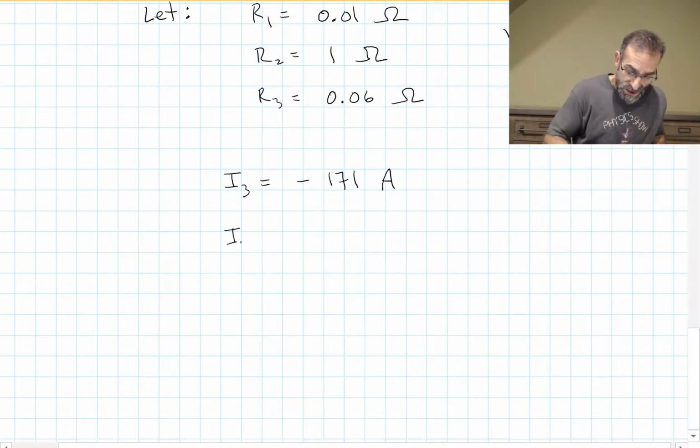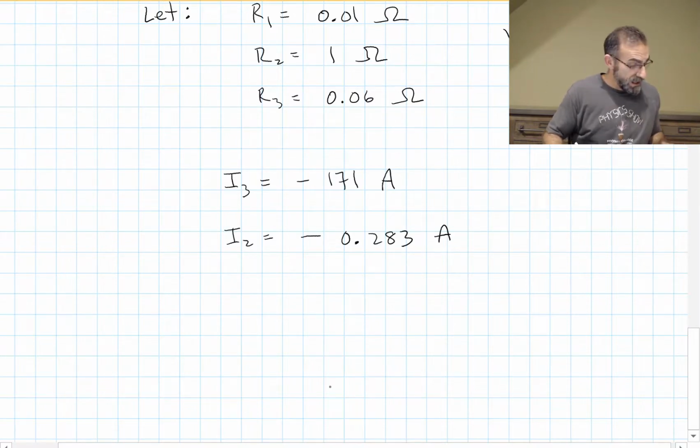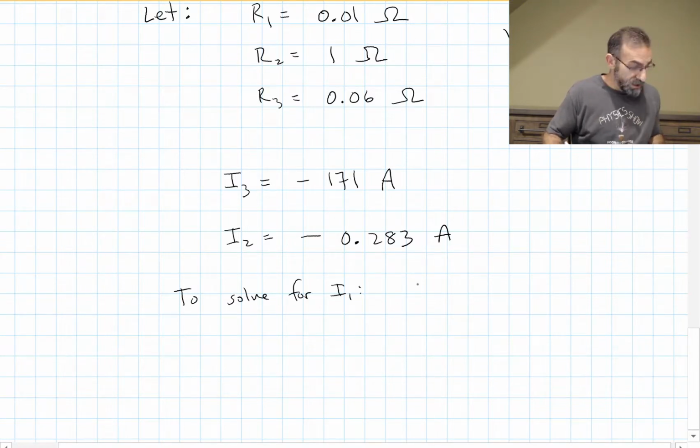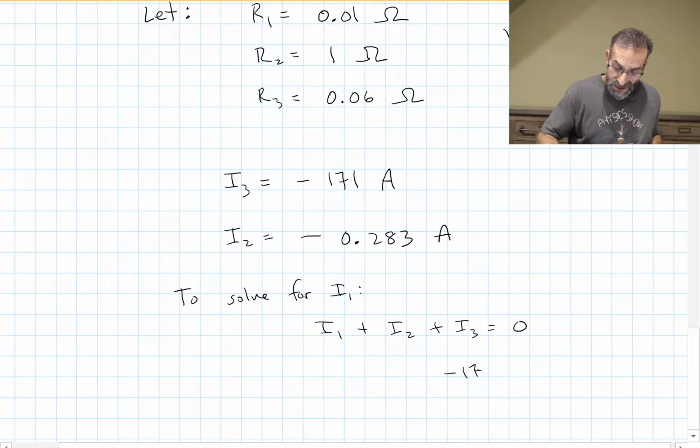Next thing I get when I do this, I get I2 is negative 0.283 amps. And then to solve for I1, I would use my junction rule. Remember, I plug in my negative 171 for I3 and my negative 0.283 for I2.